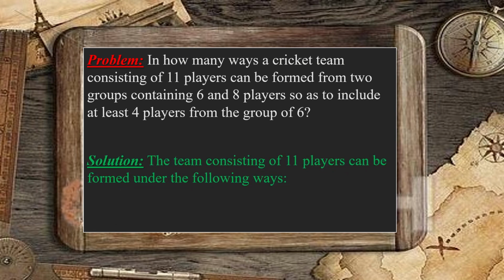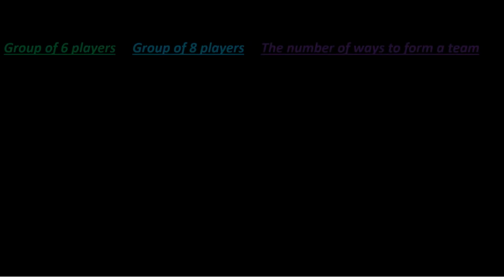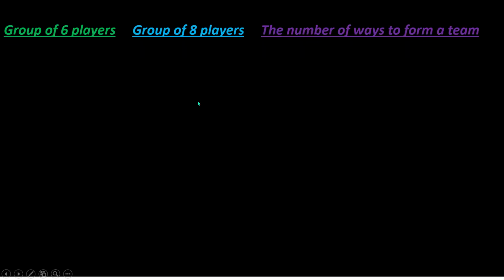Now follow the solution. The team consisting of 11 players can be formed in the following ways. Group of 6 players, group of 8 players. The number of ways to form a team. Follow here.